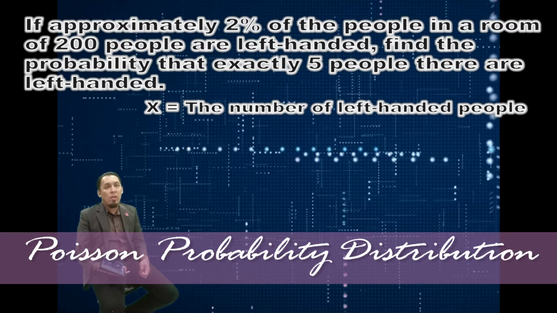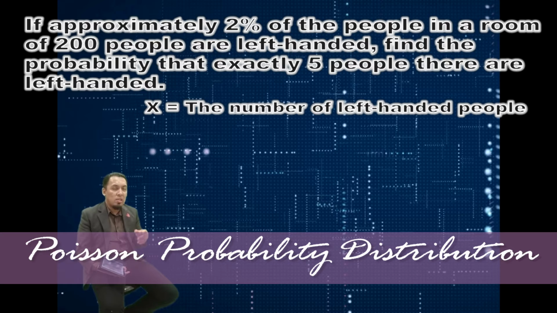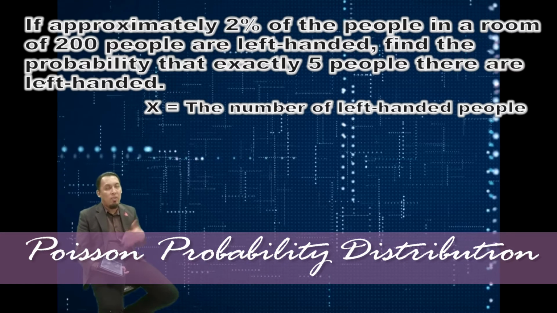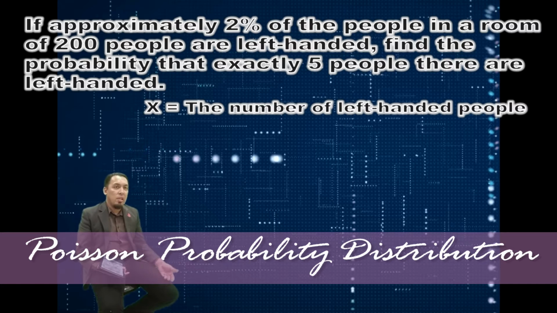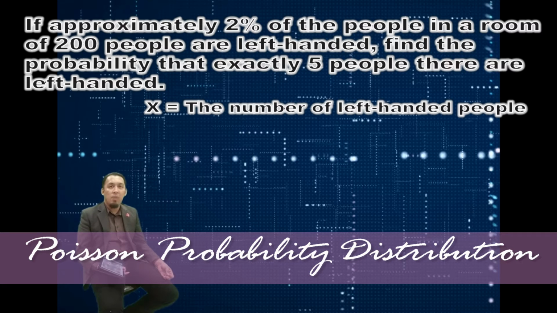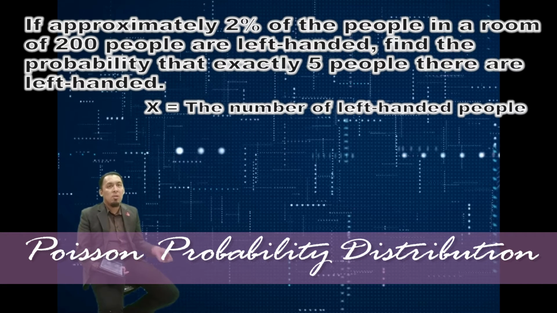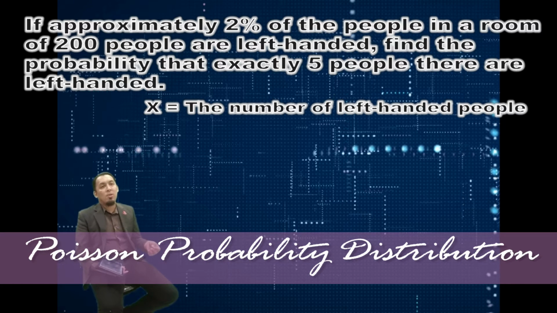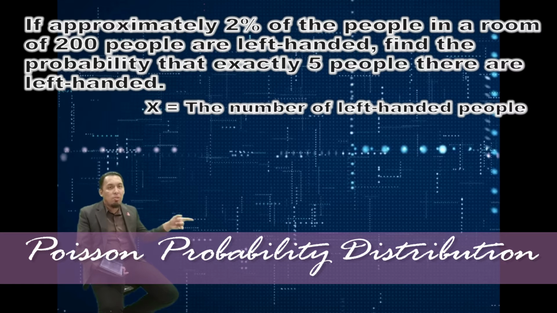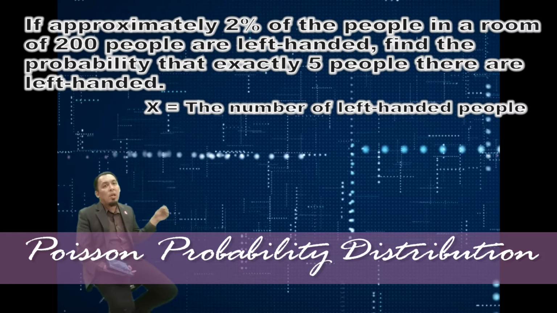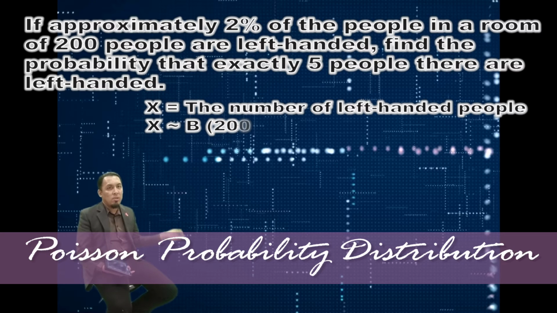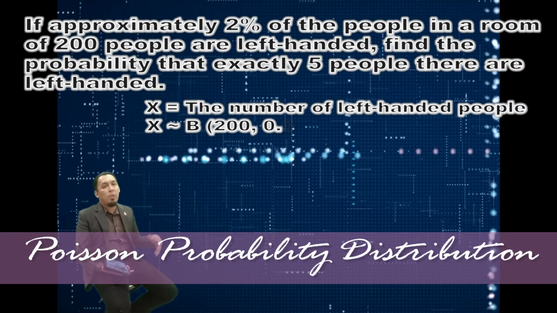For this case, we know that this is binomial, because they say that 2% are left-handed and the remaining 98% are right-handed. So two outcomes indicate binomial. Let's write down the binomial distribution: X approaching binomial, with the value of n 200 and the value of p 0.02.